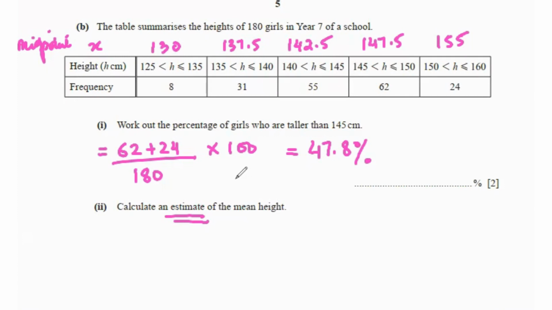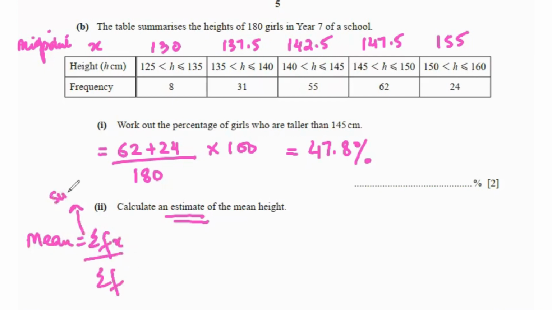And since it's an estimate for the x value, what we do is we find the middle value for each of these class intervals and then use that to find the mean. Hence, the mean formula that we're going to use is sigma fx over sigma f.